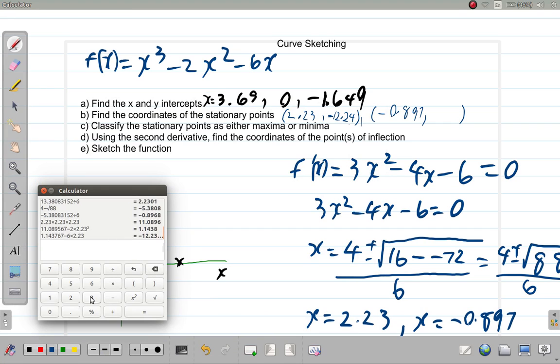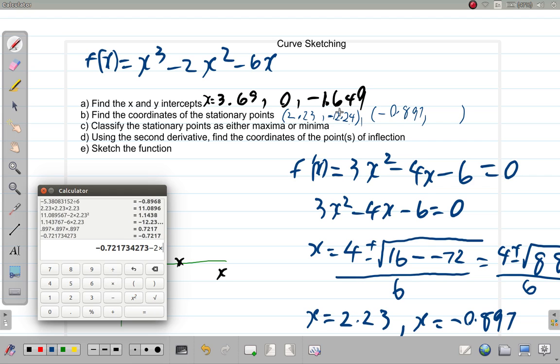We have 0.897 times 0.897 times 0.897, and it's going to be negative, so we have negative 0.7217 when we cube that, minus 2 times 0.897 squared.